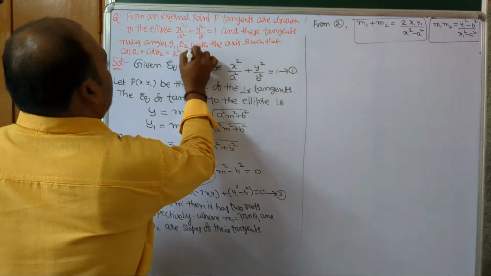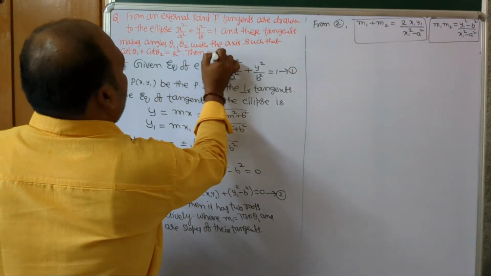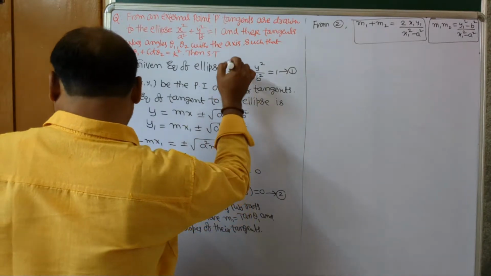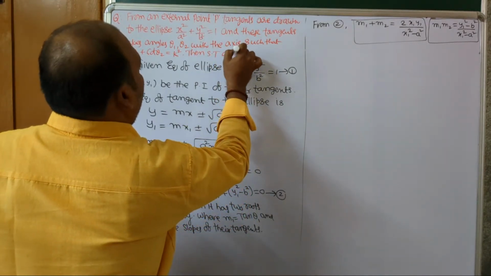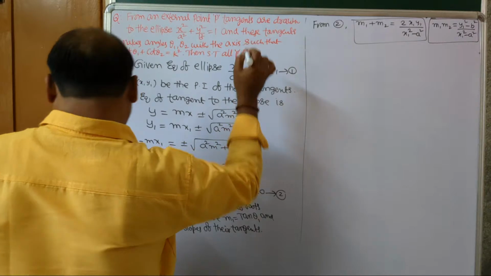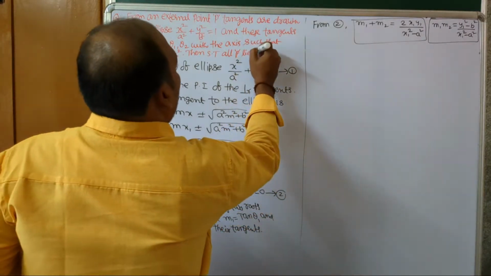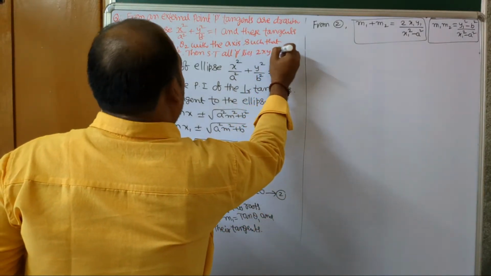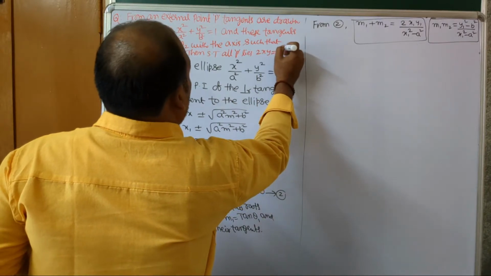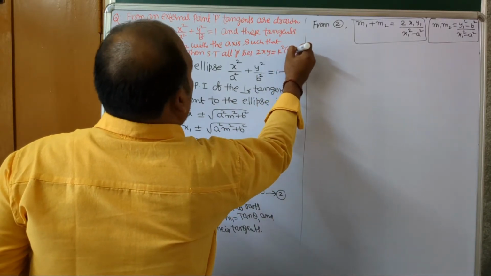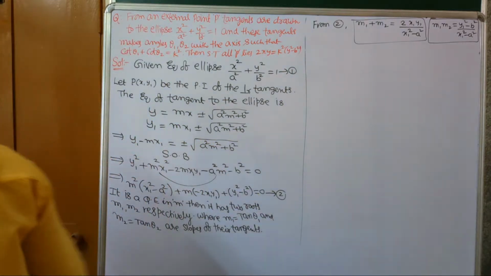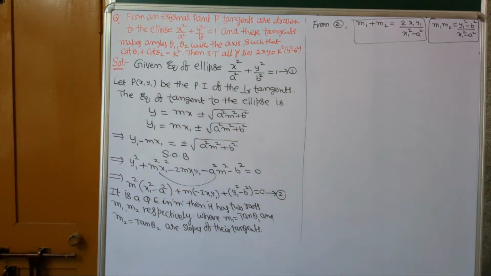Then show that all such P lie on 2xy equal to k square into y square minus b square.